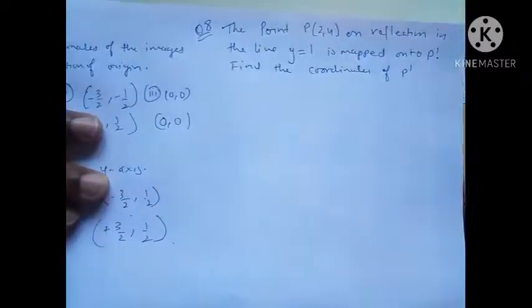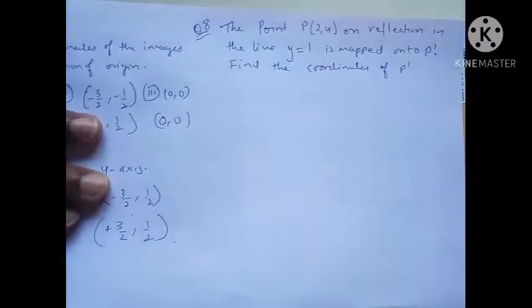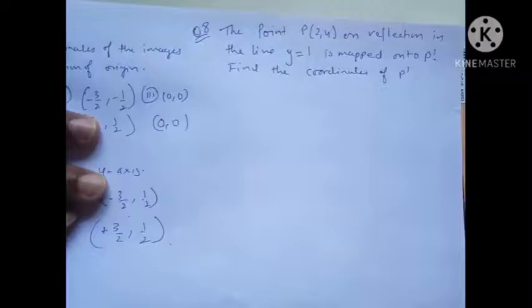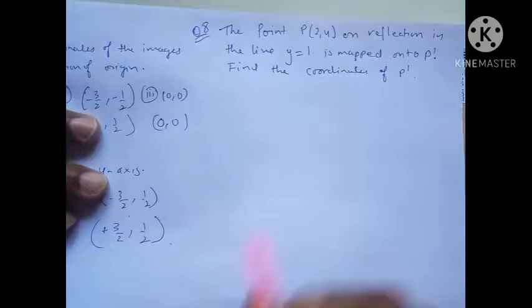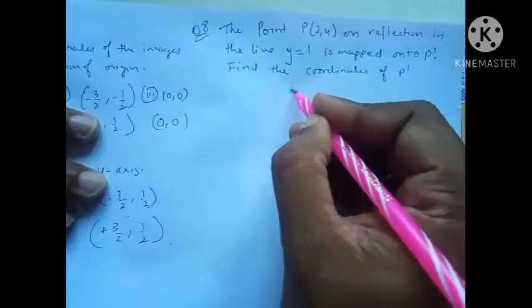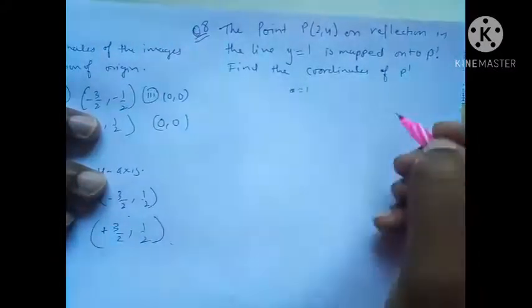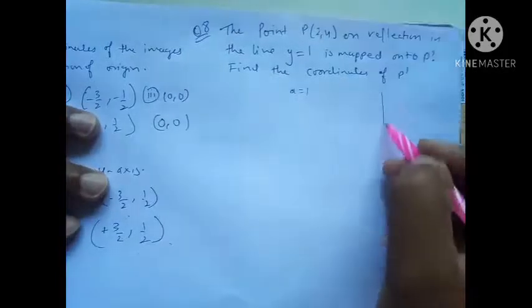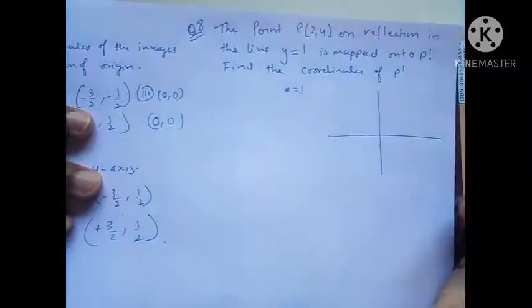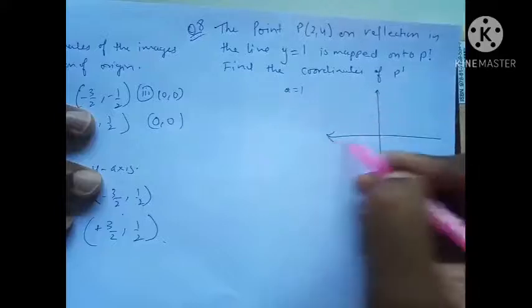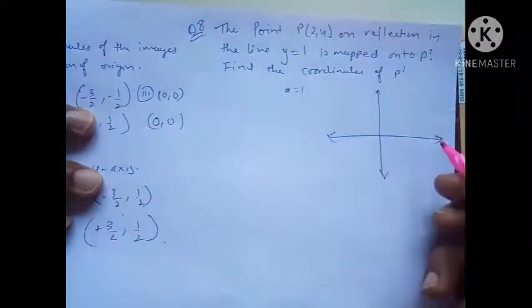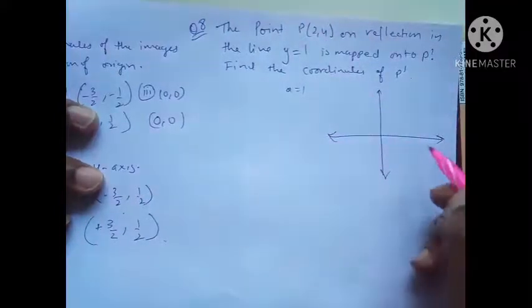Okay, let's look at another question. In this question, question number 8 says the point P (2, 4) on the reflection in the line y equals 1. So you need to imagine the line y equals 1. I'll just explain it with the help of the figure, but you don't have to use the figure again and again.